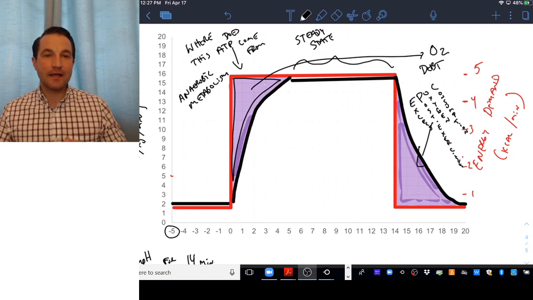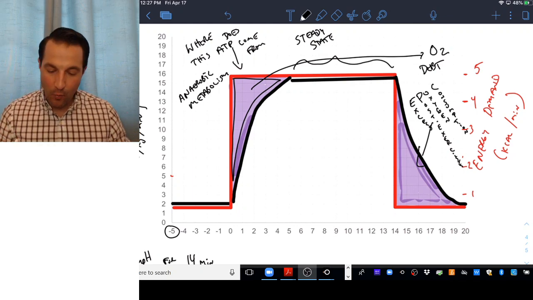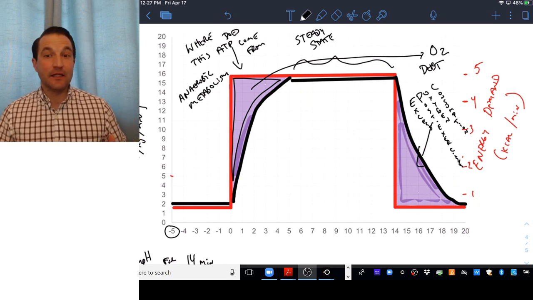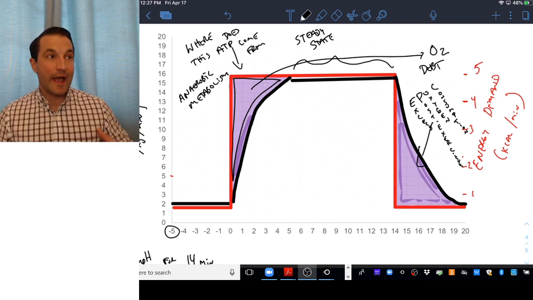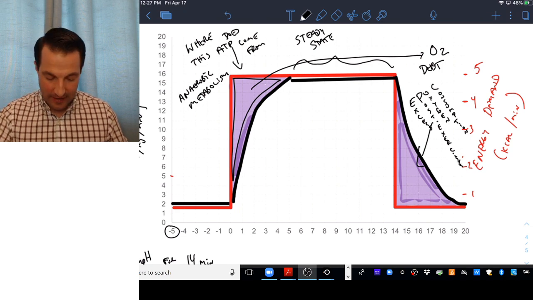So our EPOC and our oxygen debt are going to be equal. And that's why you are able to start running at a pretty fast pace immediately, even though your breathing isn't quite there yet. And it's also why after you finish doing a workout, you're going to be breathing heavy for a little bit because you have to pay back that oxygen debt.